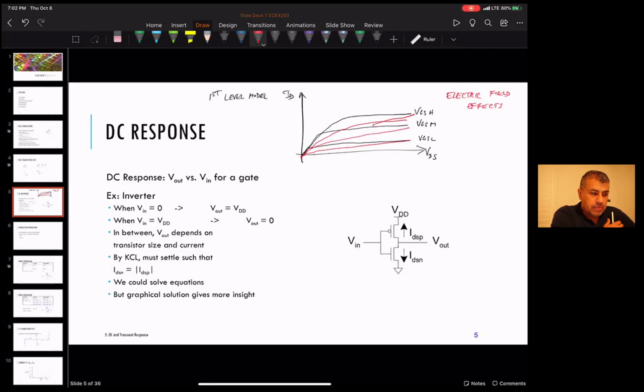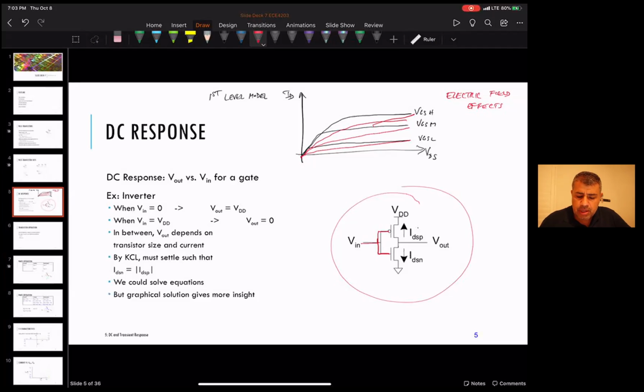Well, the way you'd analyze the circuit, this is our inverter, is you have input going to these two. Remember, the gates are purely capacitive, so it just looks like there's no current, leakage aside. The leakage current is really for when the transistors are off, and it's much smaller than any on current.